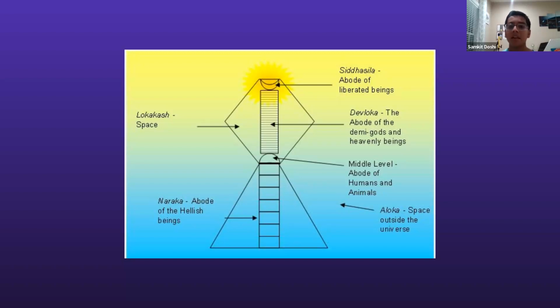Just below that, there is Devlok, which is where heavenly gods live. There are 12 heavens, and underneath there is the middle world or Madhyalok, which is where animals and humans reside. Just below that, there is Narki, which has the seven hells. And everything outside of Lokakash is Alokakash or just nothingness.